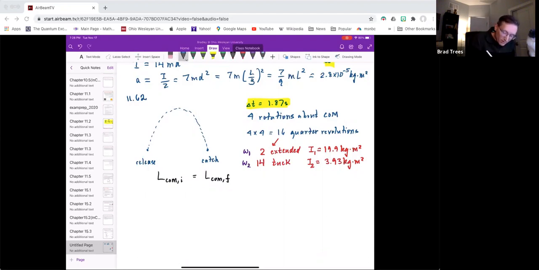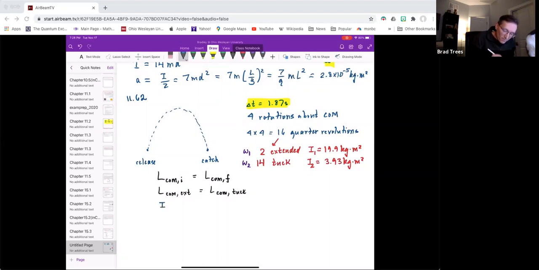For the initial and final, I'm just going to call this extended and tuck, because those are the two key situations. Is the body extended or is the body in the tuck orientation?